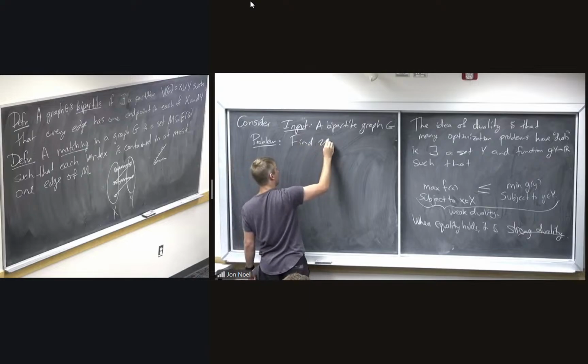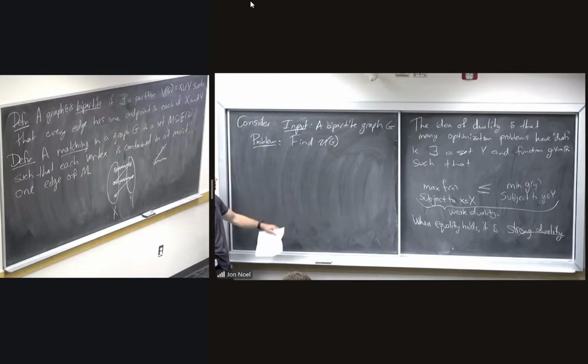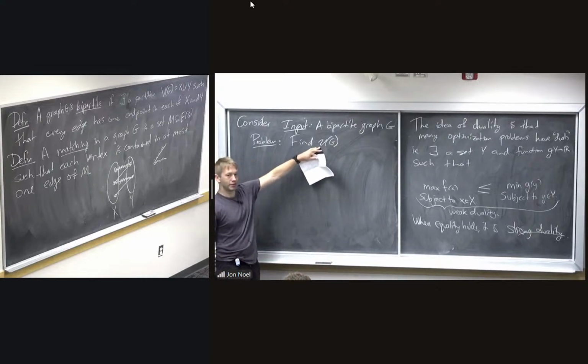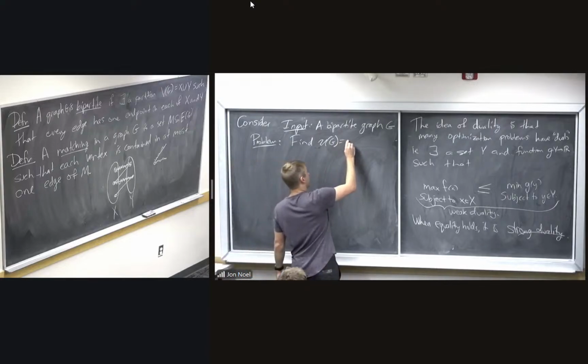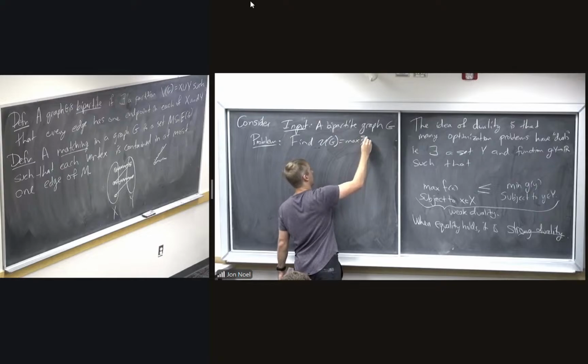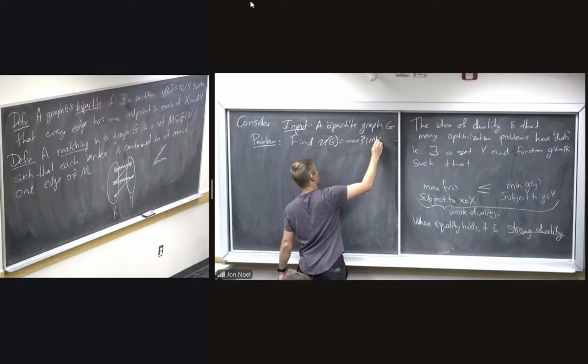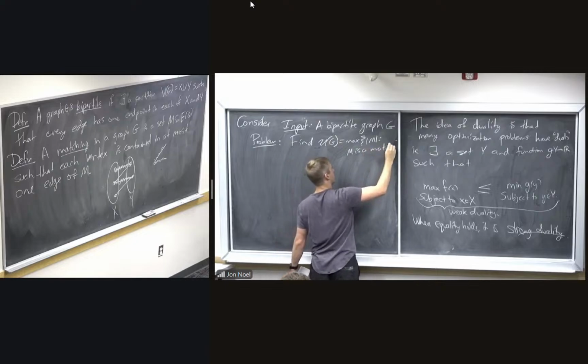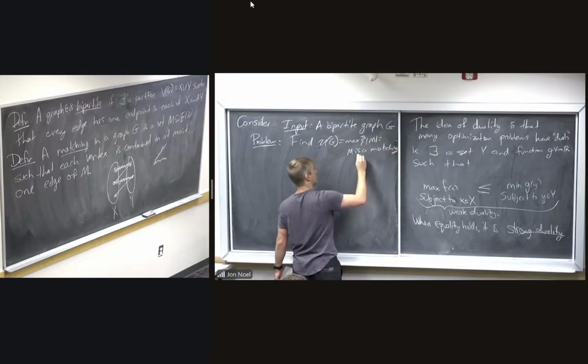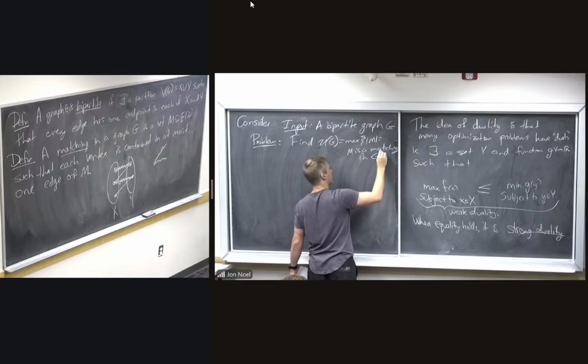So I'm going to introduce some notation. I'm going to denote this by nu of G. Nu is a Greek letter, it looks like a V kind of. And that's the maximum cardinality of M such that M is a matching in G.